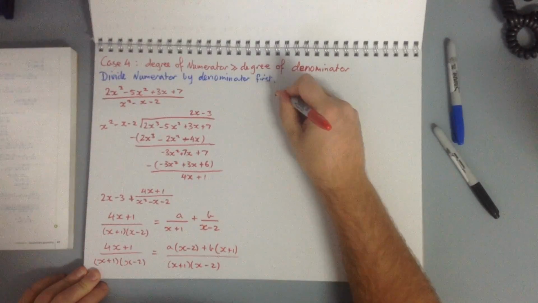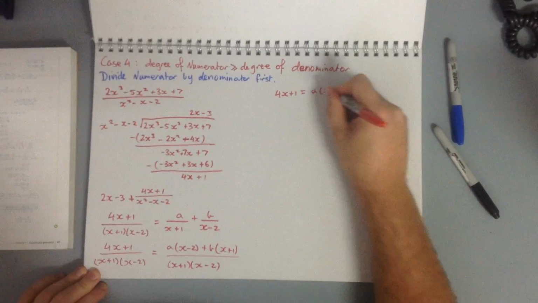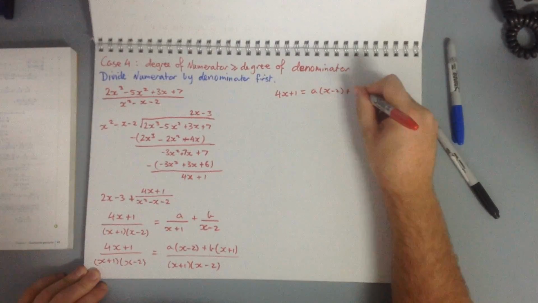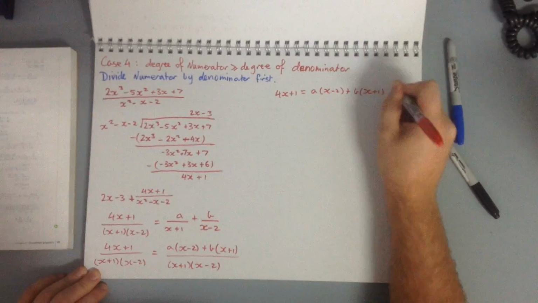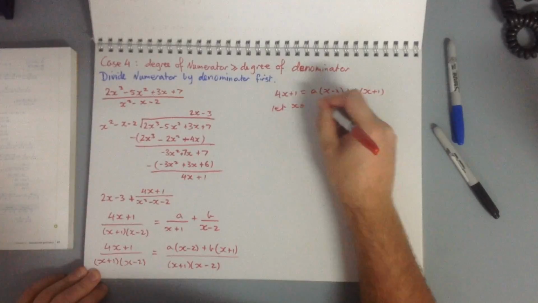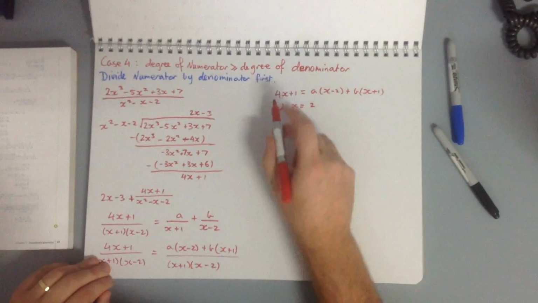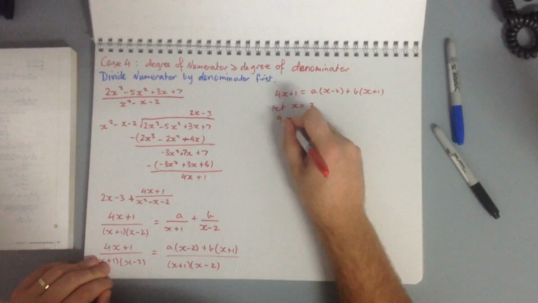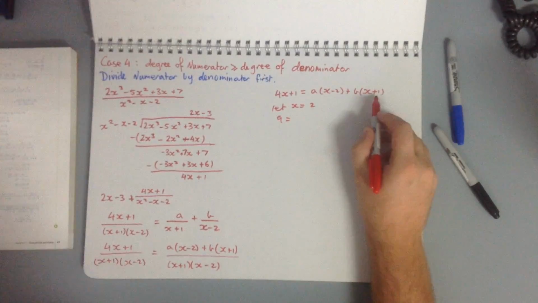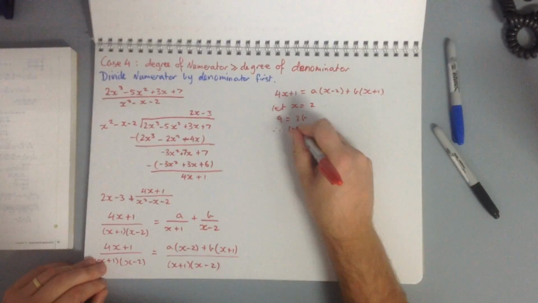We've got our 4x plus 1 equaling our a x take 2 plus b x plus 1. Pick our values here. We'll let x equal 2, because that will cancel out this one. So 4 times 2 is 8 plus 1 is 9 equals, 2 plus 1 is 3, so 3b. Therefore our b will equal 3.